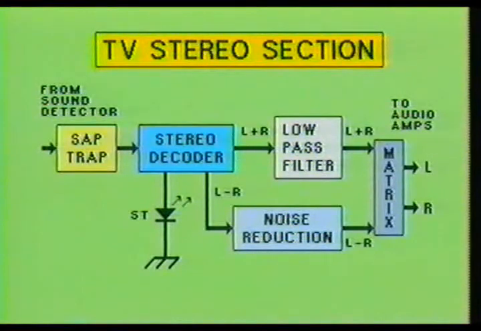The L plus R audio signal goes through a low-pass audio filter. The L plus R audio signal then goes to the matrix decoder stage. The L minus R audio signal goes to the noise reduction stage. The noise reduction stage expands the L minus R signal to its original form prior to noise reduction at the transmitter.